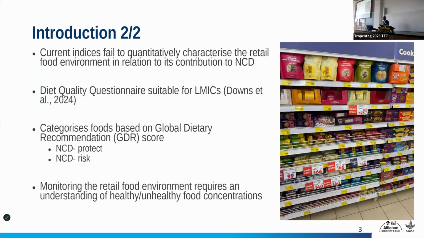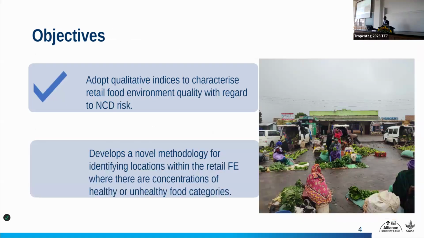So this tool allows us to monitor the availability of healthy and unhealthy food groups, and also see which areas they are concentrated in to ensure monitoring. And so I have 2 objectives. One, adopt indices to characterize the food environment, and then develop a methodology to identify areas where there are more healthy food groups or more unhealthy food groups.